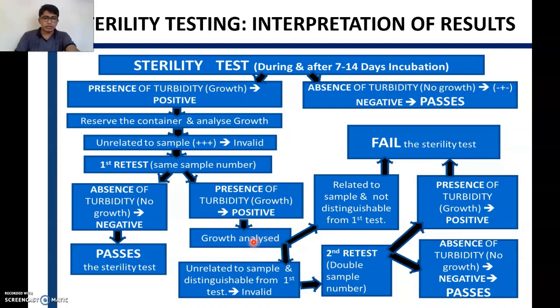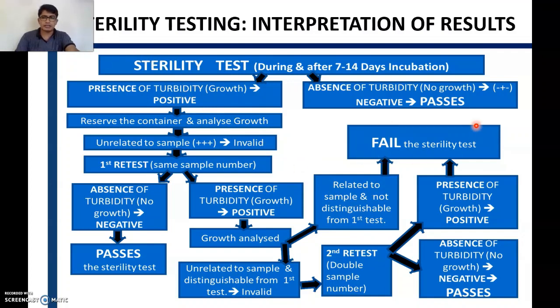Now if, during the analysis, the growth is related to the sample and not distinguishable, that means the microorganism obtained here and the growth obtained from the first sterility testing are the same, which indicates the microorganism is from the bottles or containers being tested.